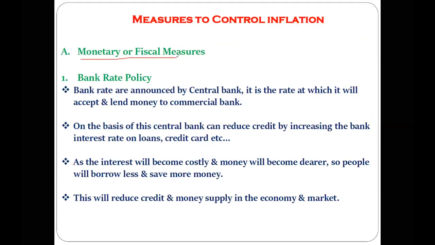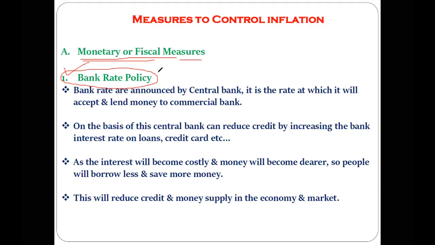Let's discuss it. So monetary or fiscal measures. In that, first we have the bank rate policy. In the previous discussion also I told you that the interest rate on these different things is decided by RBI. RBI gives these guidelines to public banks and private banks.